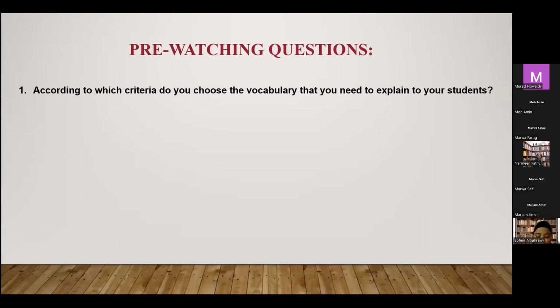Especially we face this in the secondary stage. Which criteria would you use to define the vocabulary? We cannot teach all the vocabulary in one lesson. So what criteria are we choosing? As my colleagues said, we will choose the ones very important and relevant, and the ones familiar to them will be neglected, of course. This is the question. Thanks a lot.